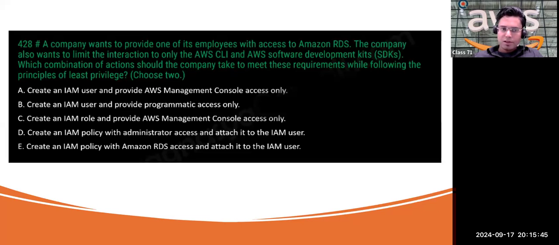Create an IAM user and provide AWS Management Console access only. No, because this says we need only two things: AWS CLI and SDK. Both are command prompt. So create an IAM user and provide programmatic access only. Then this one is the right one.